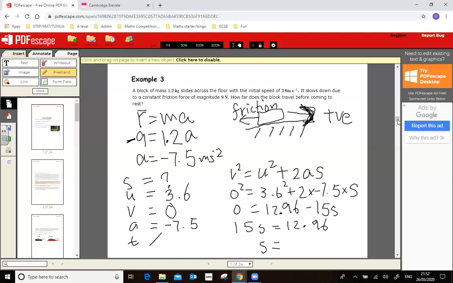That means S equals 12.96 divided by 15, which comes out to be 0.864 meters to 3 significant figures. That's our final answer.